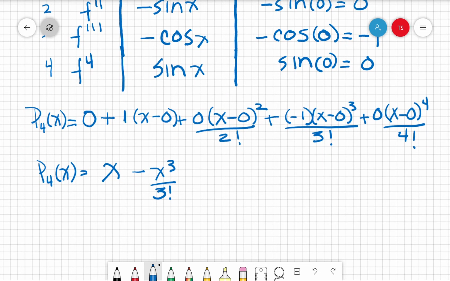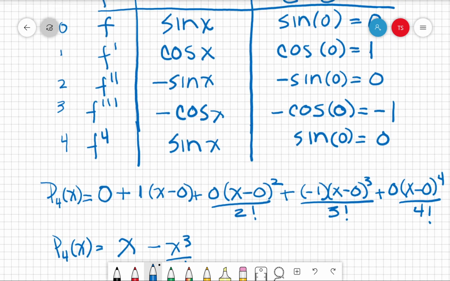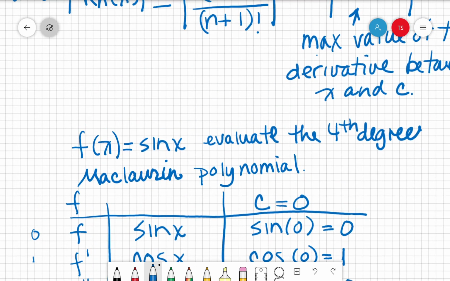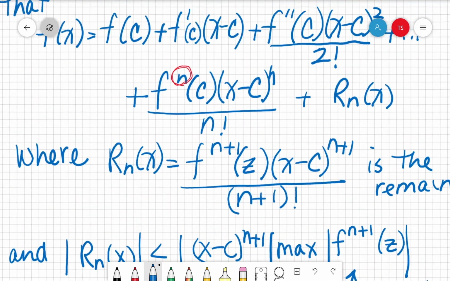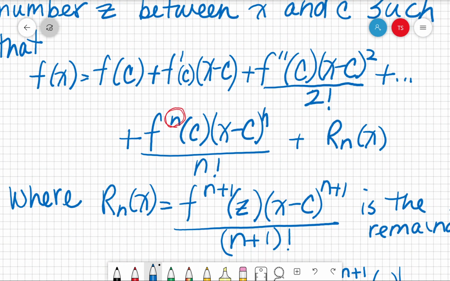Okay, the remainder. Let's go back to what Taylor's theorem tells us. For any degree, we just list each term. The coefficients of each term are the derivative evaluated at c.